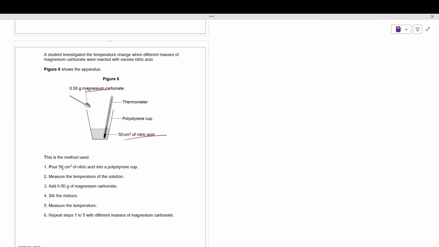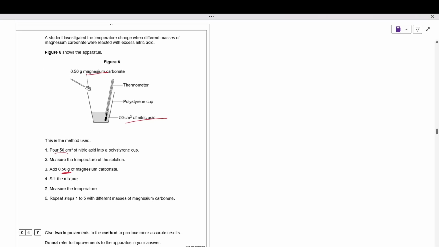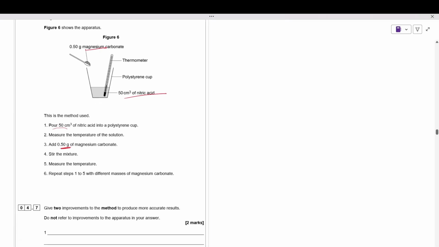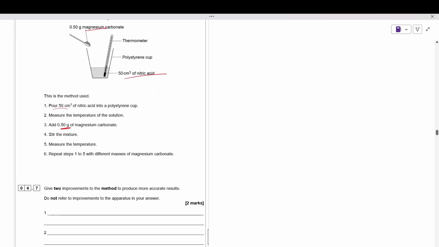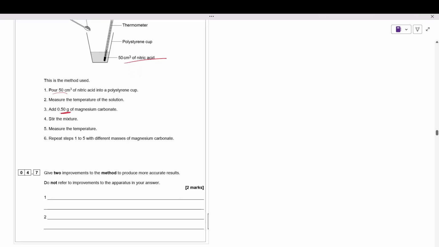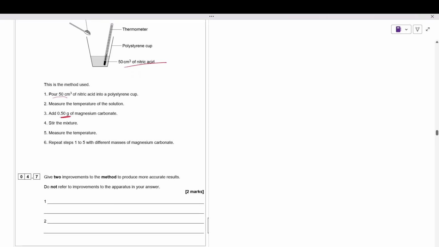So the method that we have, we're going to pour that 50 centimeters cube in the polystyrene cup, measure the temperature of that solution. Then we're going to add that mass of our magnesium carbonate, stir the mixture, measure the temperature, and we're going to repeat steps 1 to 5 with different masses of our magnesium carbonate. Now 4.7 says give 2 improvements to the method to produce more accurate results.